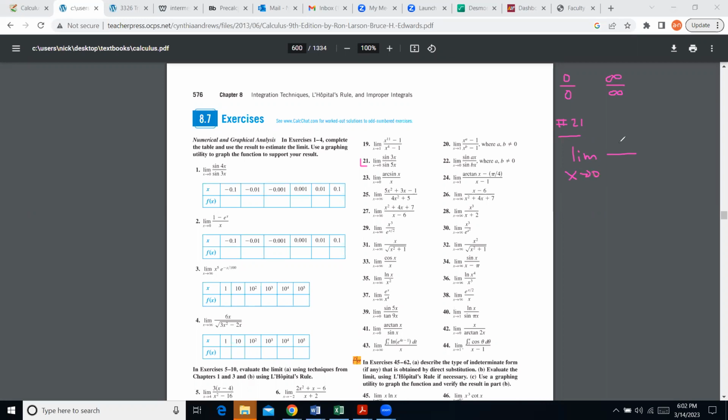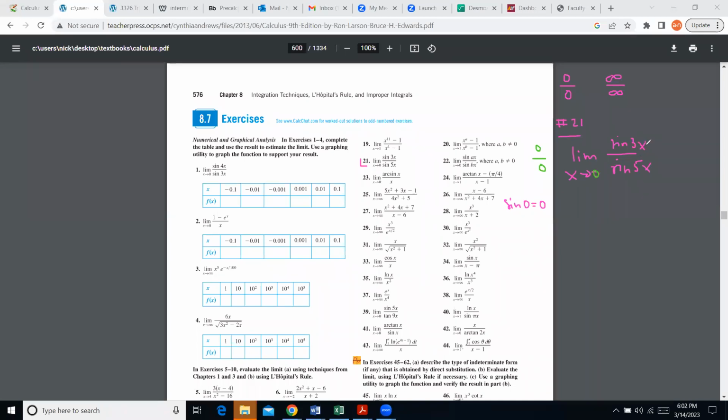So at this stage, I look at sine 3x over sine of 5x. That's the limit we need to take. And I know that sine of 0 is equal to 0. In other words, when x turns into 0, we're going to end up with a 0 over 0 indeterminate form.